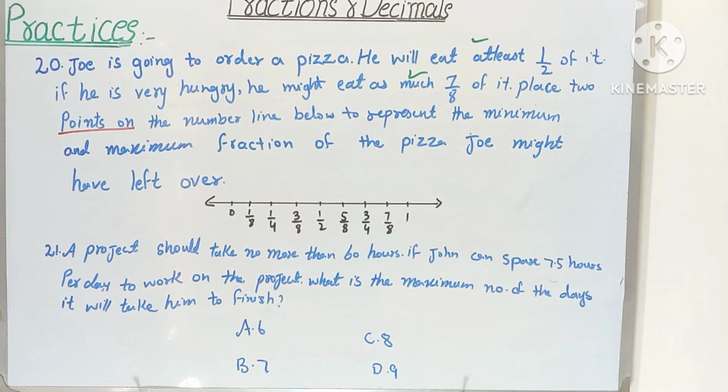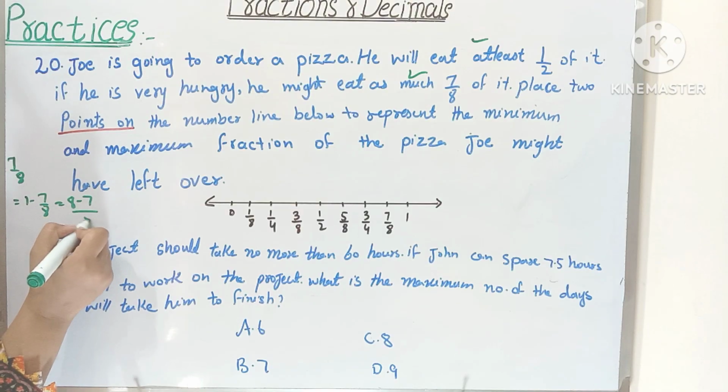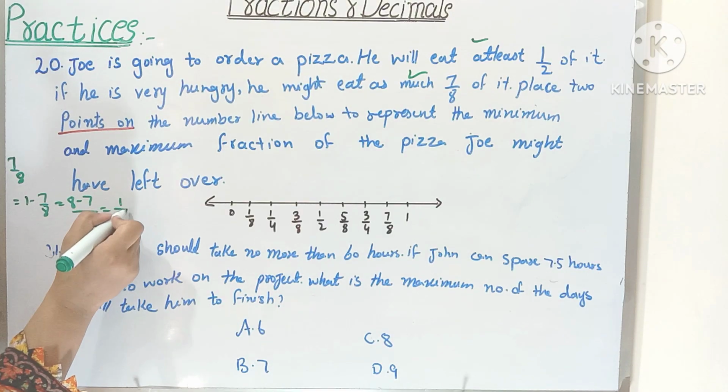So we need to consider the minimum and maximum amount eaten. If Joe eats as much as 7/8 of the pizza, the fraction left over is 1 minus 7/8, 8/8 minus 7/8, which is 1/8.